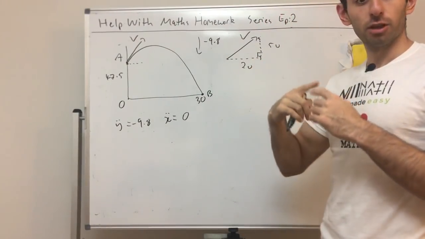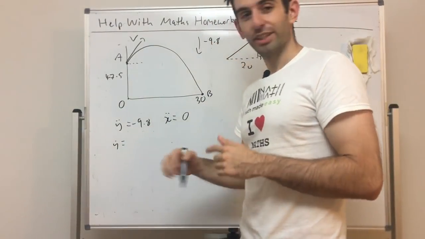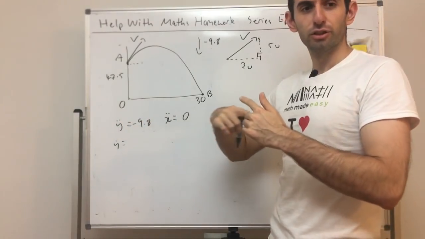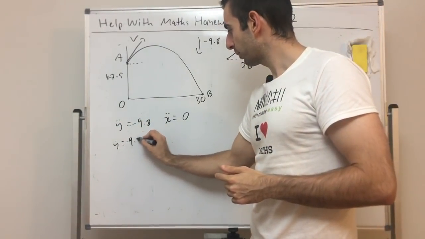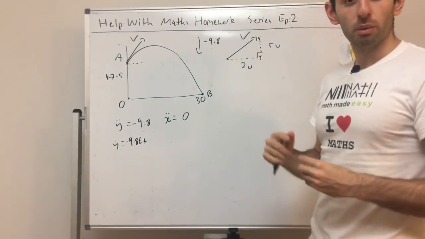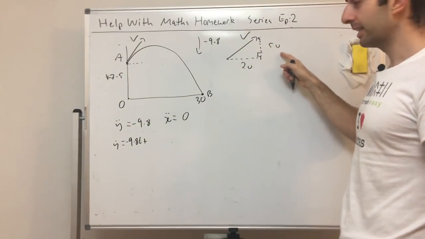Now to get the velocities, so y dot, we need to integrate with respect to t, because these dots mean differentiate with respect to time. So if we integrate here, we get negative 9.8t plus, now we don't need to worry about what plus c is, because this diagram tells me my initial y velocity.